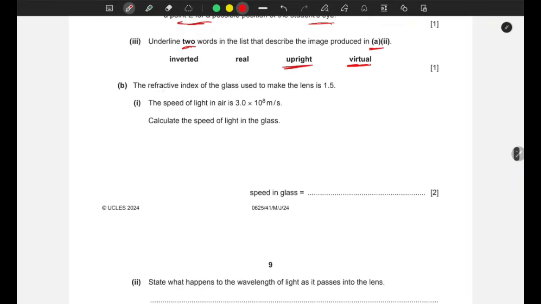Part B. The refractive index of the glass used to make the lens is 1.5. The speed of light in air is 3 times 10 to the power of 8. Calculate the speed of light in the glass. So refractive index, which is 1.5, should be equal to speed of light in air over speed of light in glass, which we can call v.